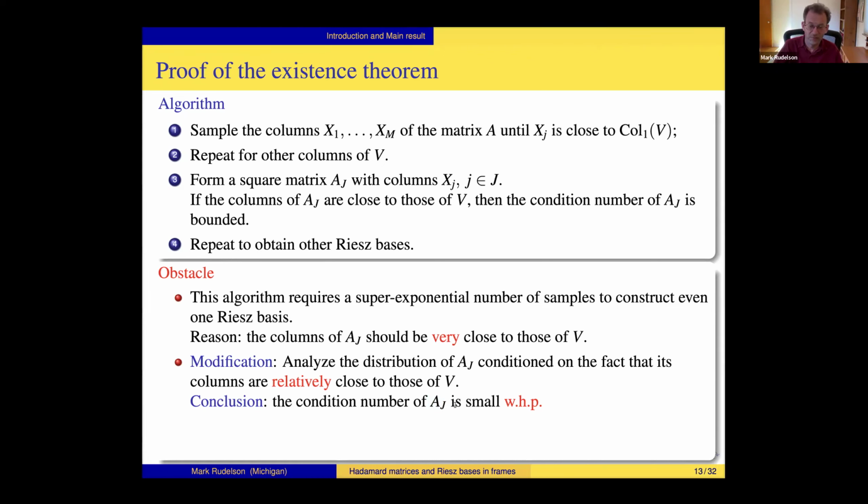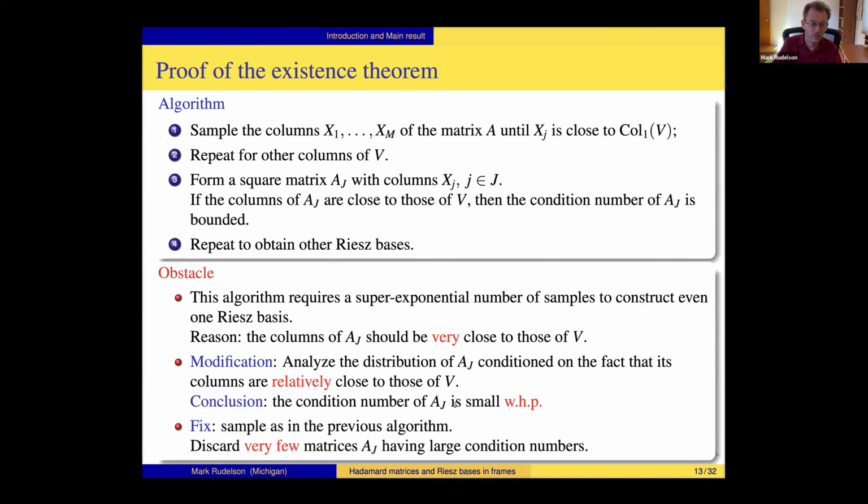Now it is not a deterministic statement, it became a probabilistic statement, but this is good enough because then we can modify our algorithm, and we run the same algorithm, only this time we consider the columns which are not very close to the columns of V, but somewhat close.